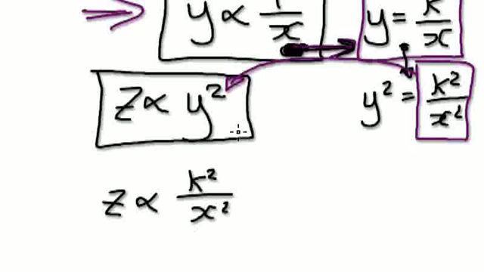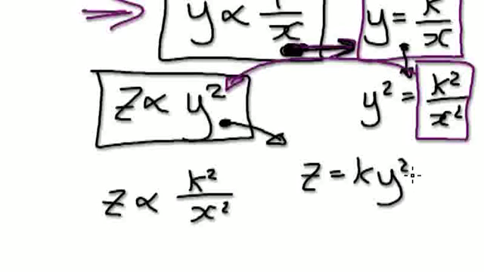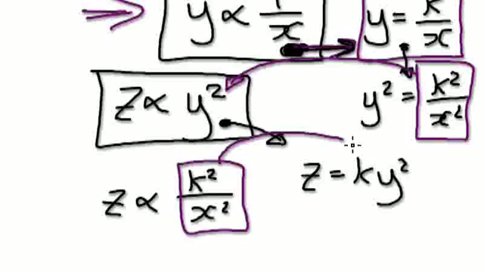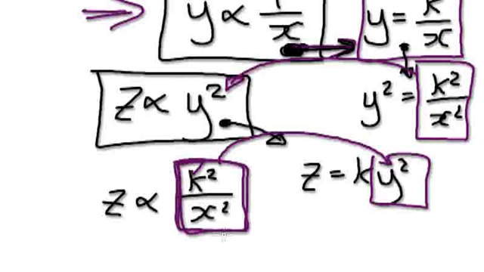When we're here, we can immediately jump to z equals a constant times y squared. But this is the equivalent of y squared, so we can put it into the whole thing here.